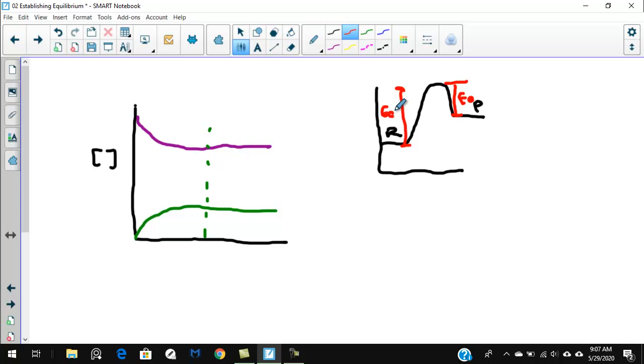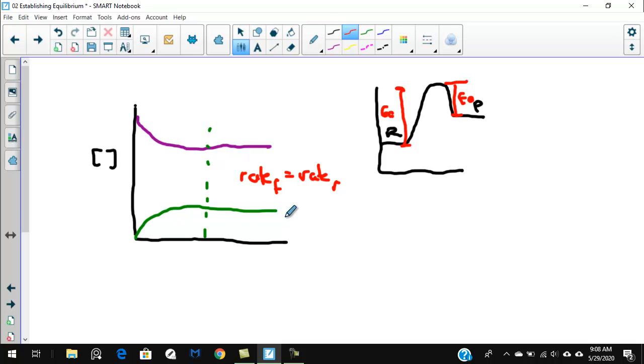So we can see that we'd have to keep the concentration high to be able to keep this rate equal to the product rate. Because remember, again, even though these two are not equal, the rate of the forward is equal to the rate of the reverse. Okay, and this would be an endothermic reaction, and it's resulting in lots of reactants left and very few products left.